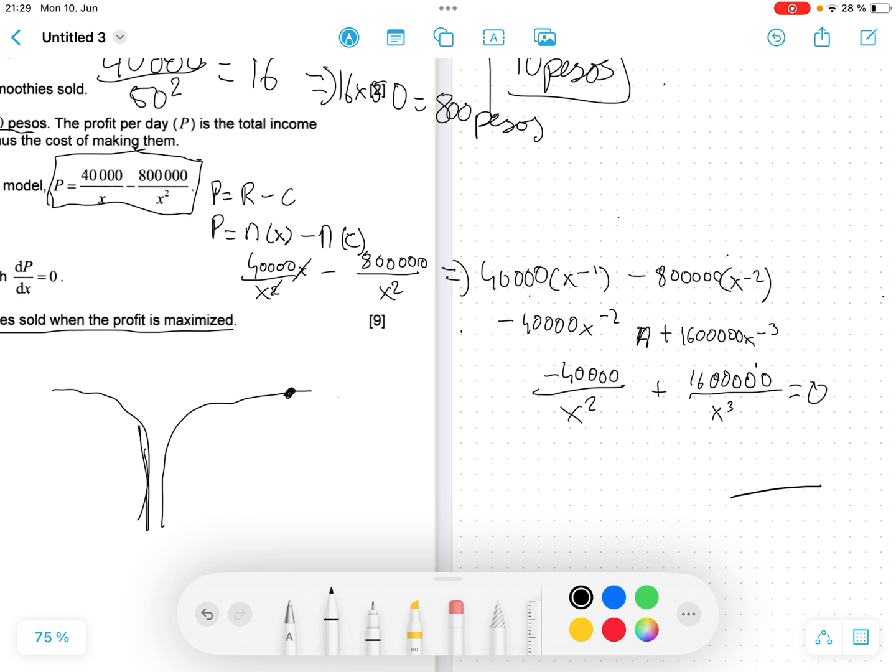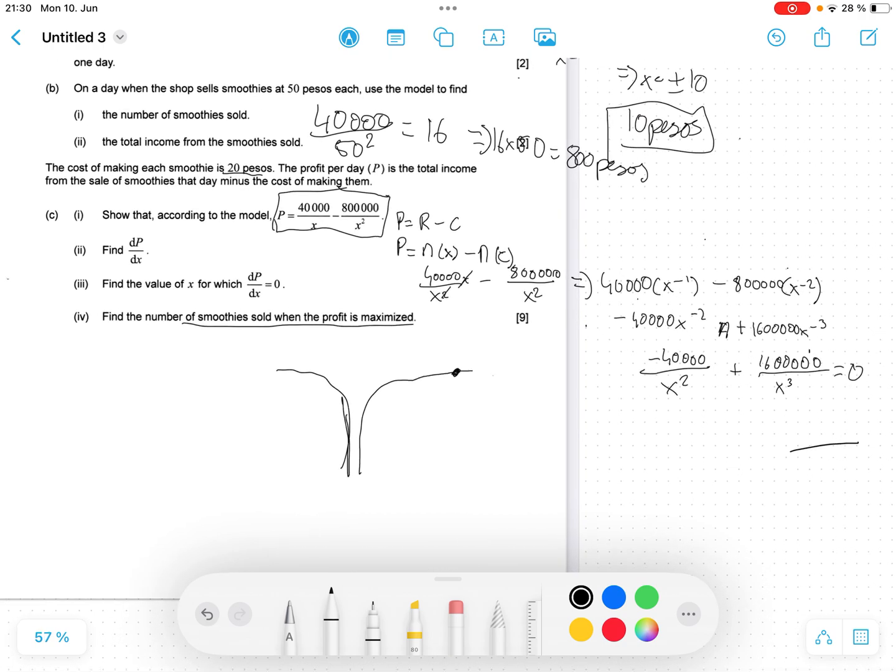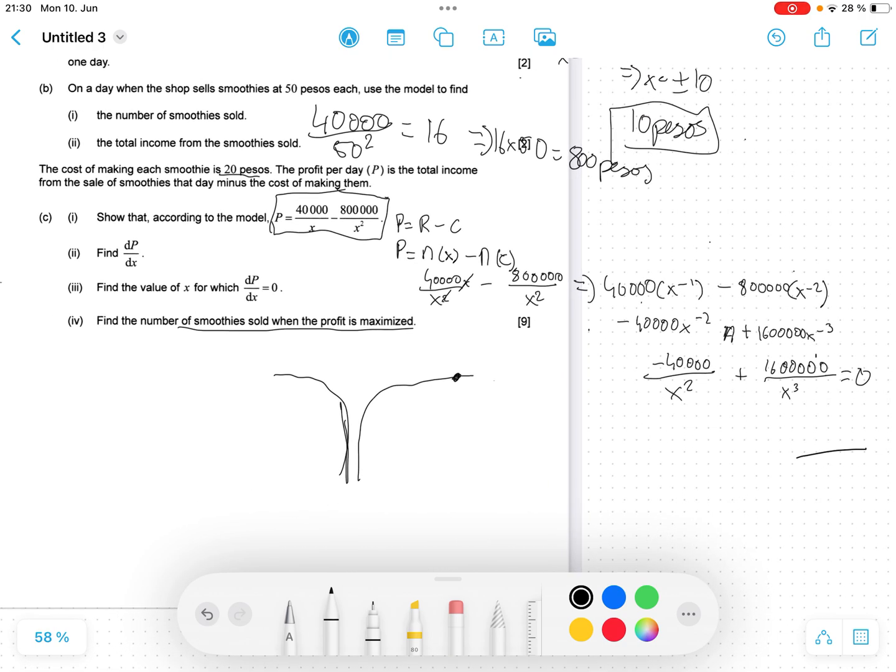We let the calculator do its thing for a little bit, and it gives us the value of x as being 40 when y is equal to 0 for the derivative curve. So we know that when 40 smoothies are made, we get the maximized profit.